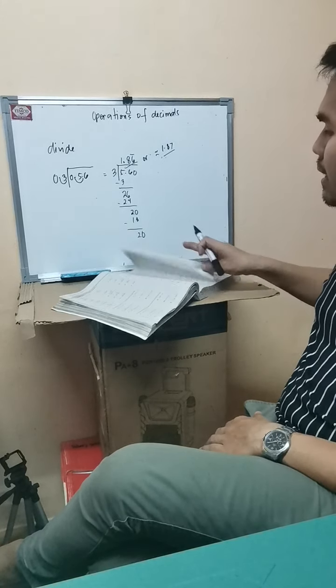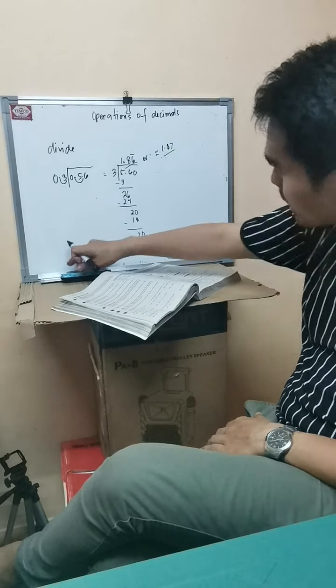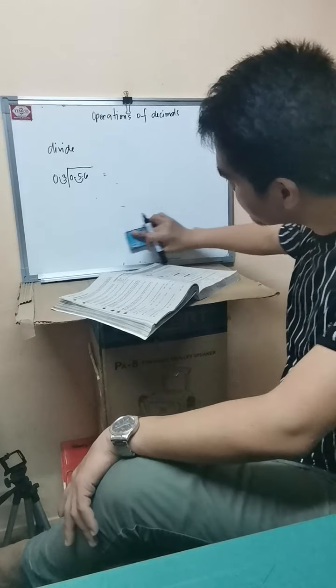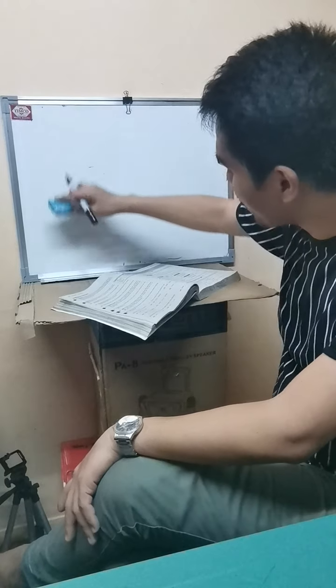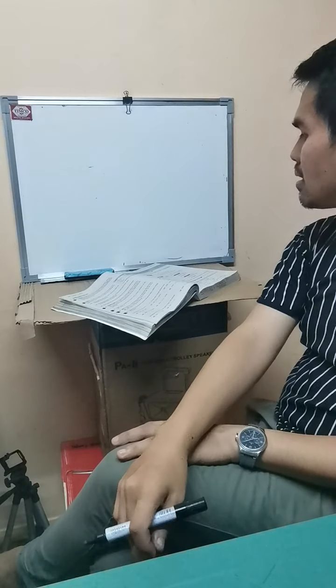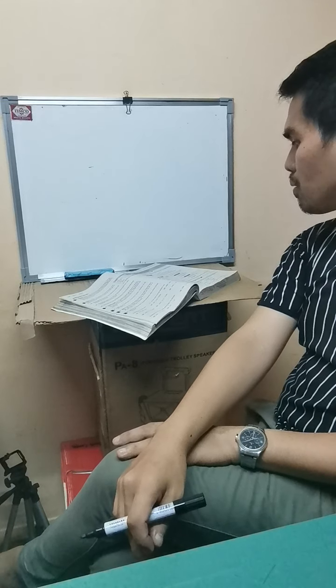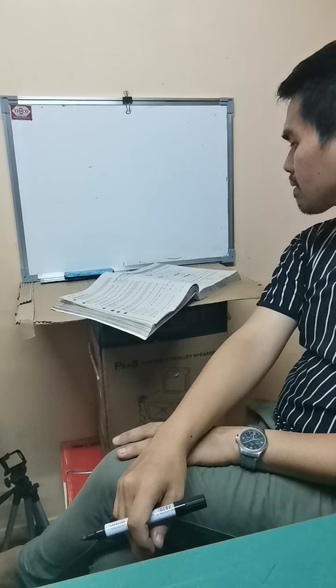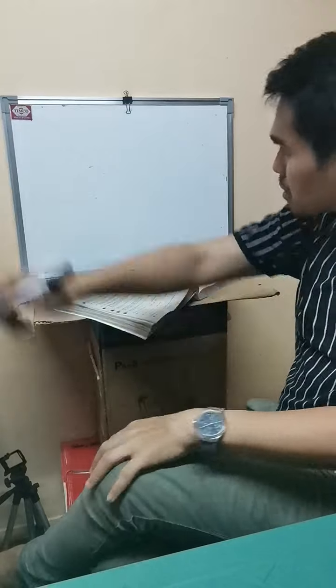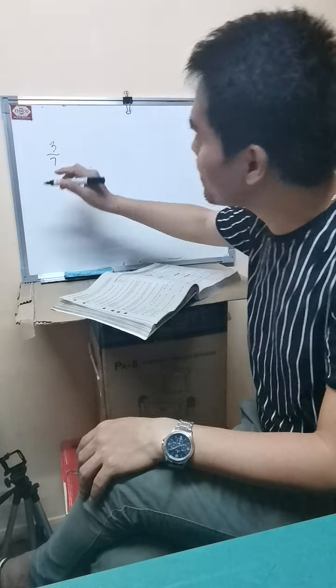The last part that I'm going to cover here for decimals is comparing, converting fractions and decimals. We will start with, we will convert 3/7 into decimal.